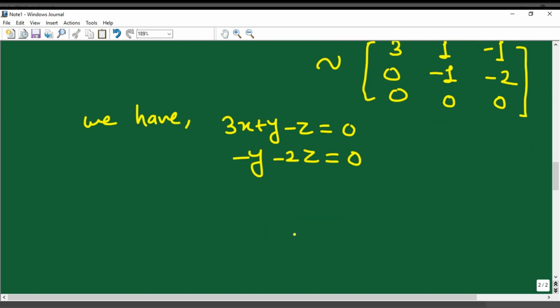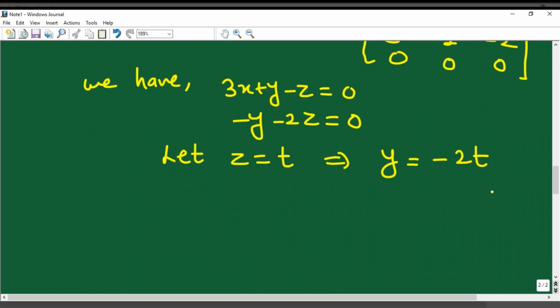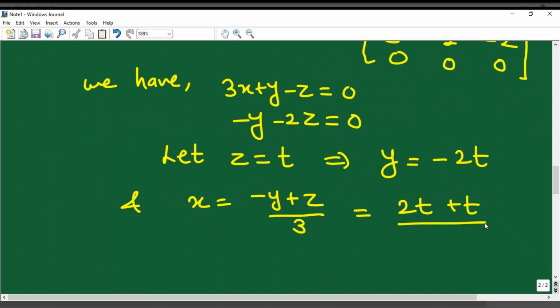Let us again assume that z equal to t, which implies that y is equal to minus 2t, and x is equal to minus y plus z upon 3, so 2t plus t upon 3, which comes out to be t.